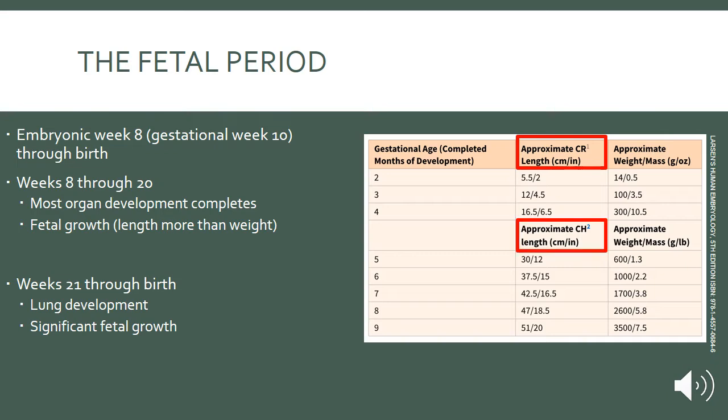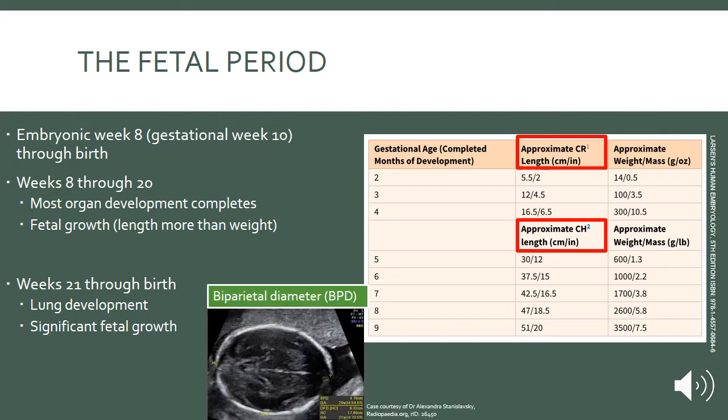This crown heel length that they mention here, I've actually never heard of. I've been working in high-risk pregnancy for 12 years. It's never come up. So I don't think this one's terribly common, and I wouldn't spend too much time worrying about that one. Normally in the second trimester, when we're trying to get an idea of how far along the baby is or how well the baby's growing, we do what's called a biparietal diameter, which is a measurement of the size of the skull.